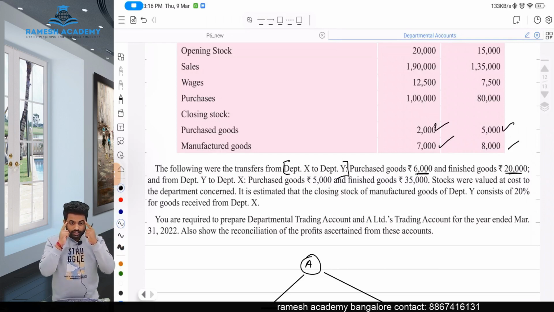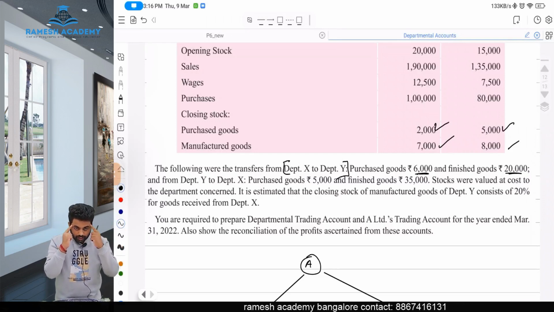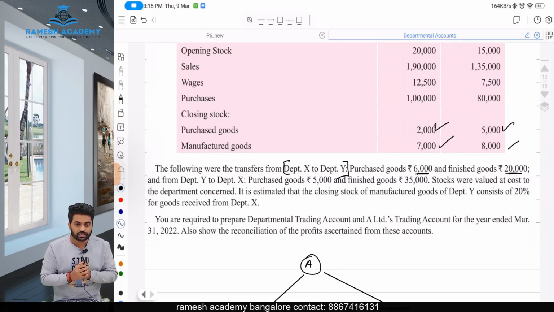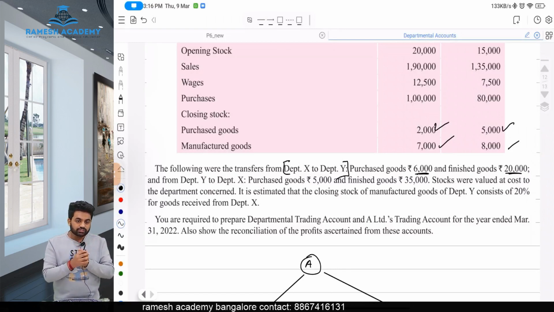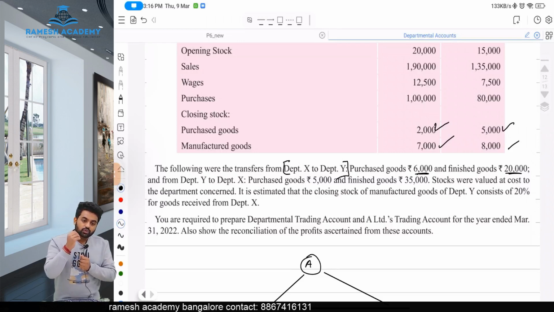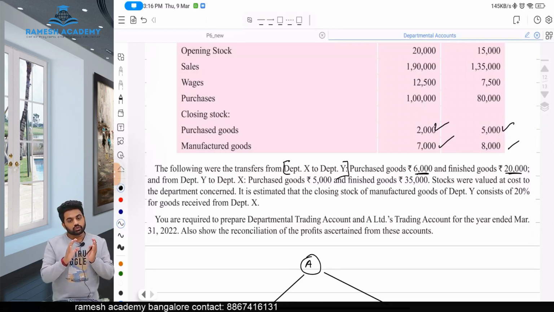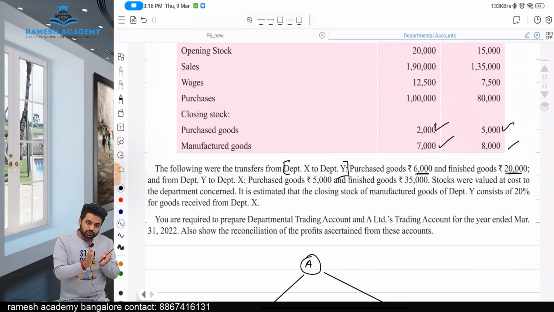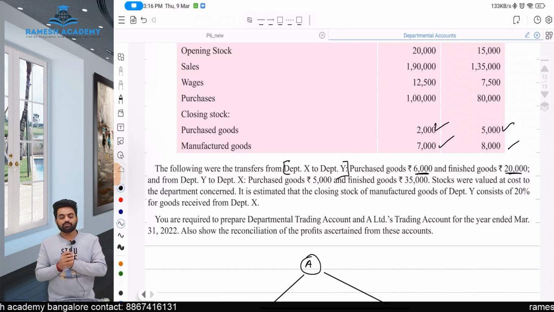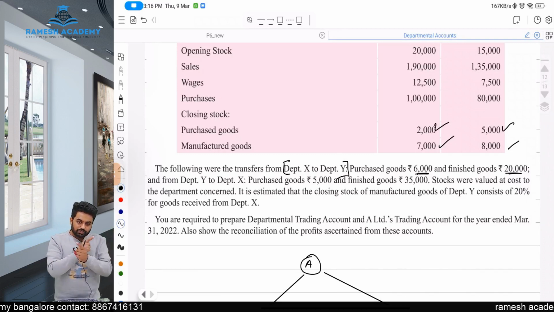Try to understand here very carefully, listen to what I am telling. The purchased goods of 6,000, there is no profit element in that 6,000 rupees because purchased goods are sent at cost price. Purchased goods between departments are transferred at cost price.